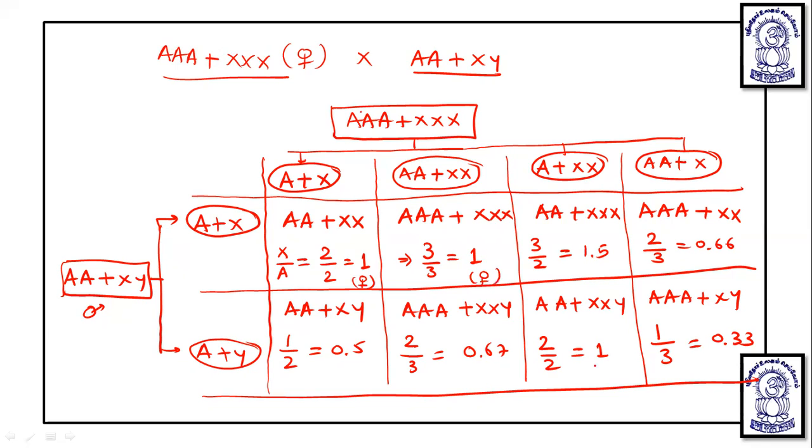But if the ratio is 0.5, then it is going to be a normal male. But when the ratio is more than 1, it is going to be a super female.